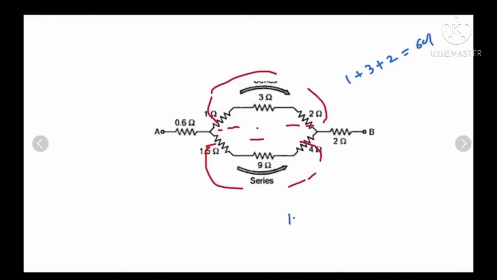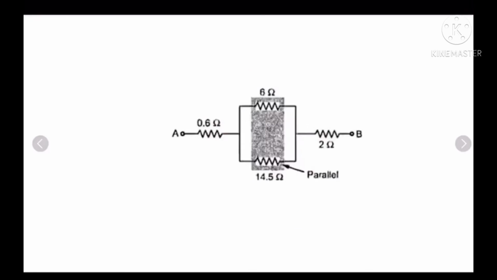Here it is 0.5 plus 9 plus 4 is going to be 14.5 ohm. So we will replace these arms by their equivalents, and we will get this circuit.